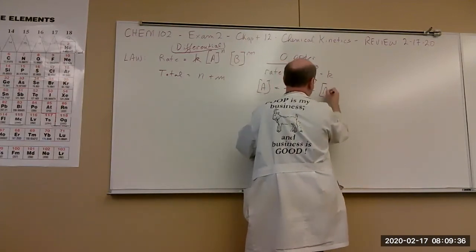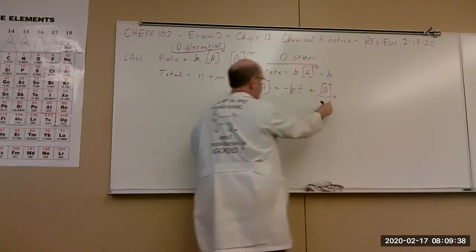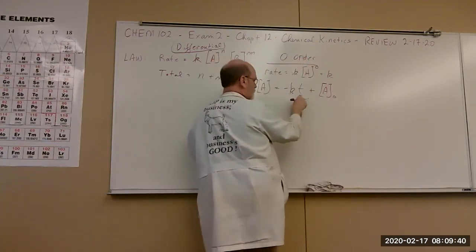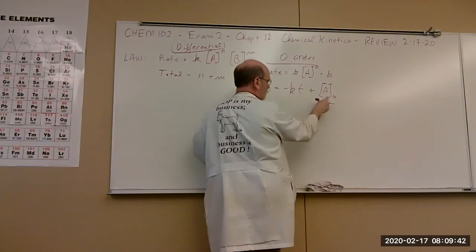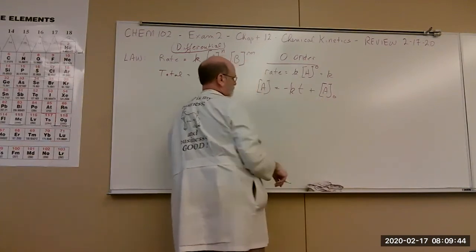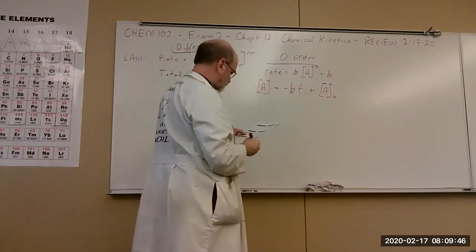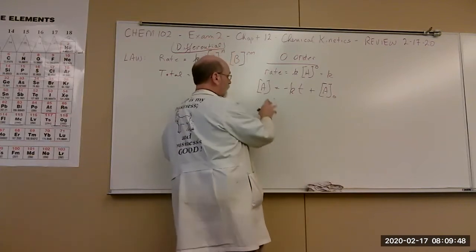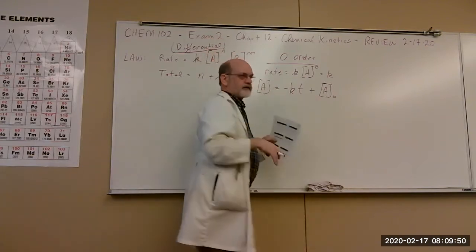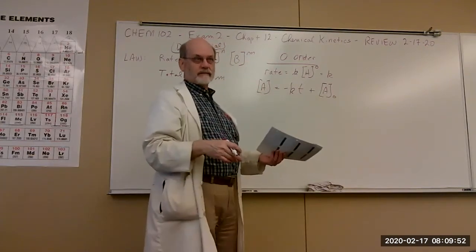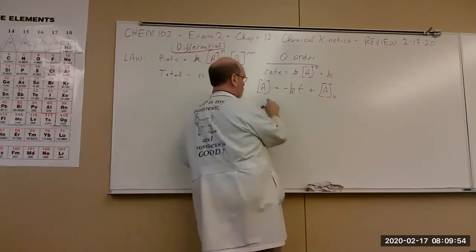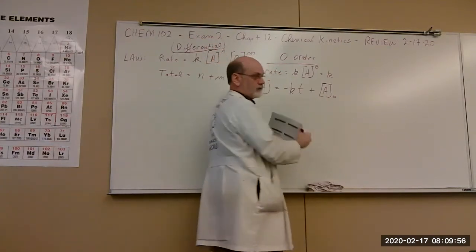This is the amount of time it takes to go from the initial concentration to here. Okay, and notice that our integrated rate laws are all expressed in terms of a straight line. Right? y equals mx plus b.